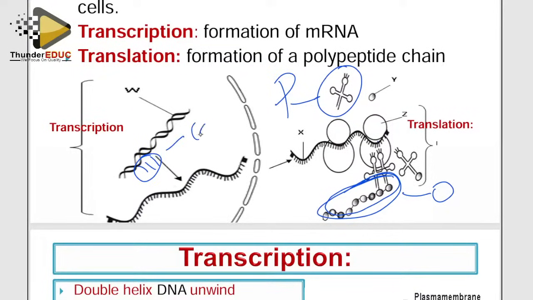We call them code. We have 3 bases on messenger RNA. We call them codon. We have 3 bases here. We call them anticodon. Someone is saying polypeptide chain is O, and then is saying peptide bond, and then okay. I've got you. Thank you so much.